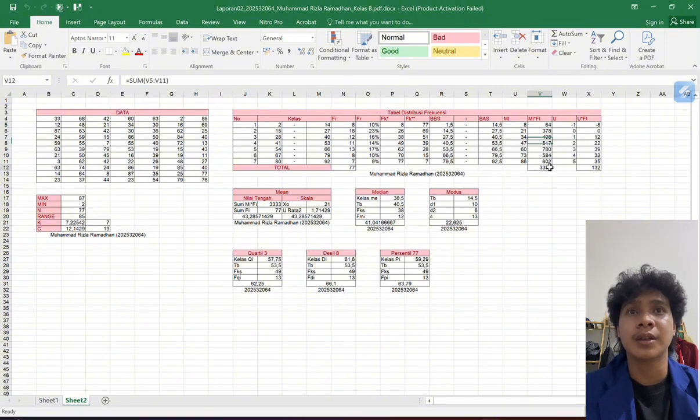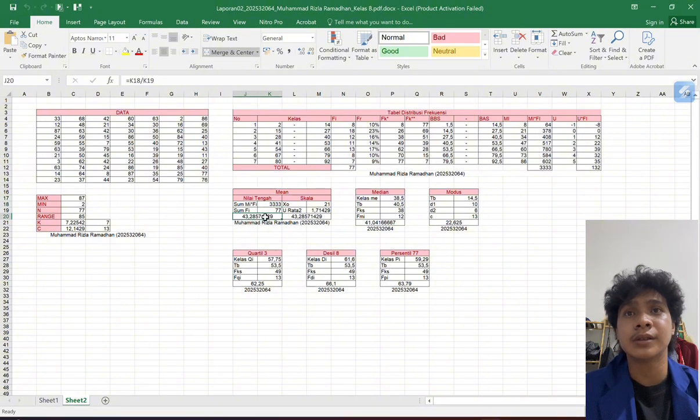The sum of ME times FE is 3,333. Using these values, I calculated the mean using the midpoint method. The formula is the sum of ME times FE divided by the sum of frequencies, or FE. The result is approximately 43.29.